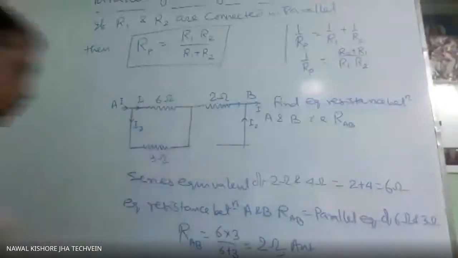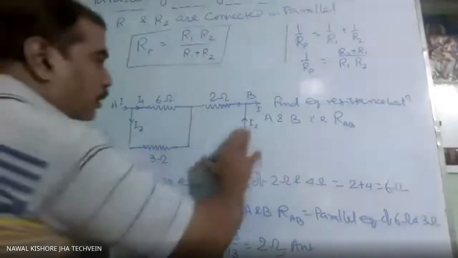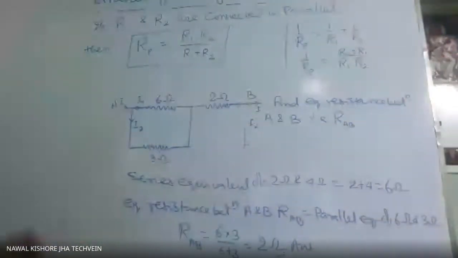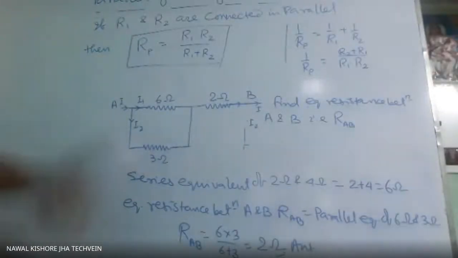Suppose the circuit is like this. Now, what is happening? What will be the equivalent resistance? Okay, already much time. So now what is happening here?